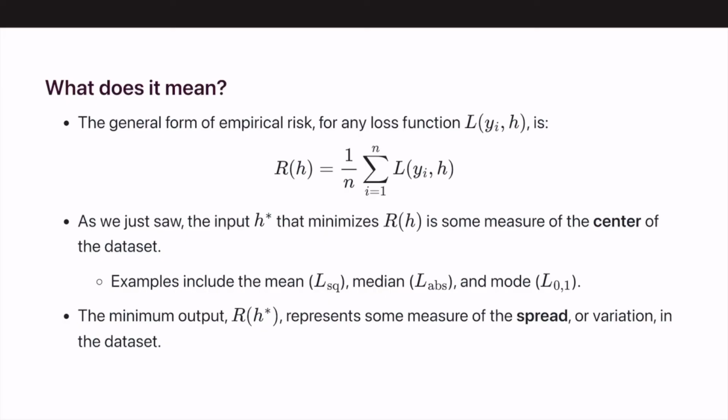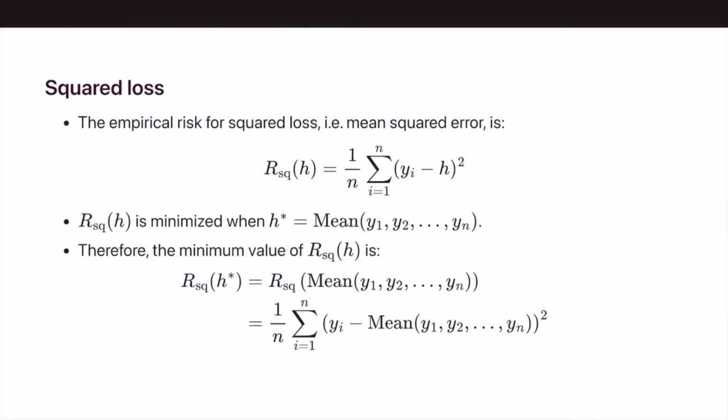This is an interesting concept, and I think it's a nice way to close the loop on what's happening and why these ideas of center and spread are intrinsically tied together when it comes to these loss functions. So let's think about squared loss first. What's happening with squared loss? Well, when you minimize squared loss for your data set, you get this H star, which we found time and time again to be the mean in this case.